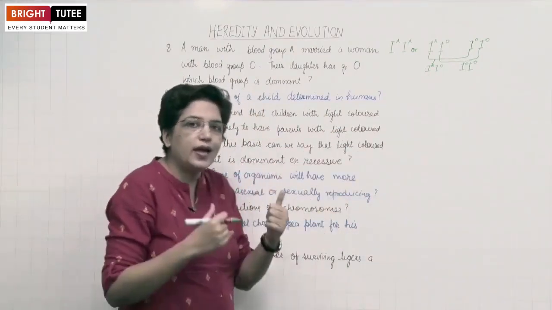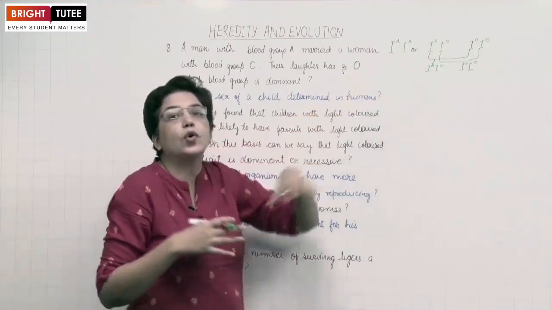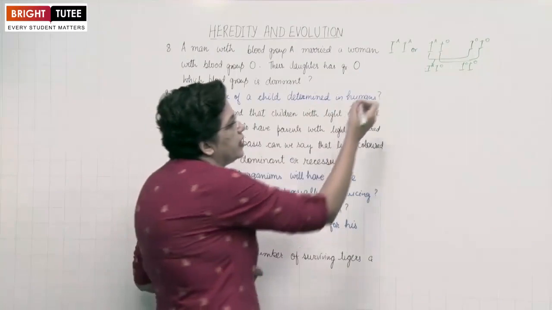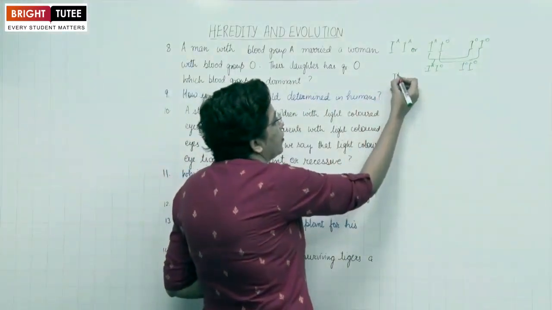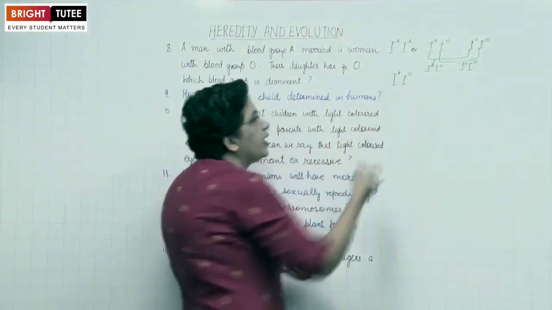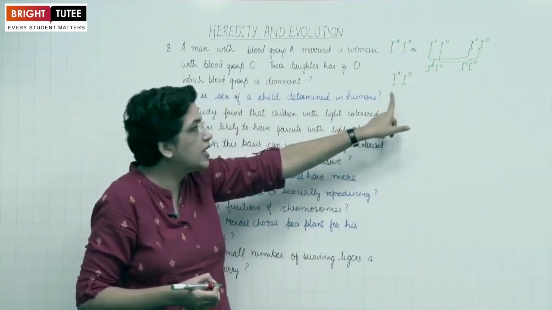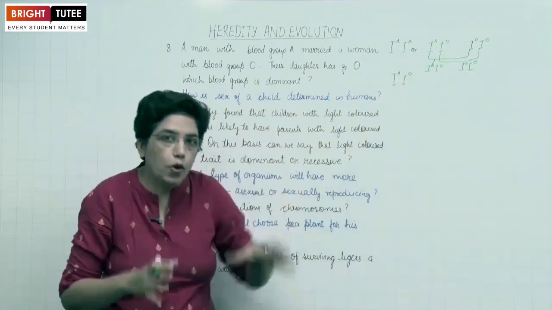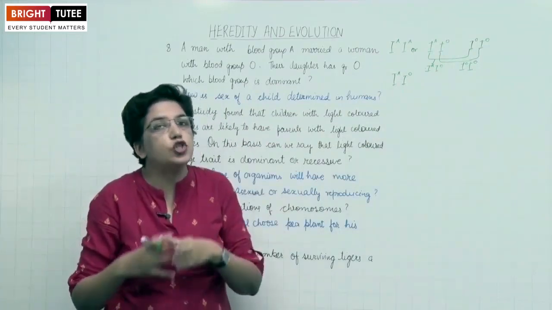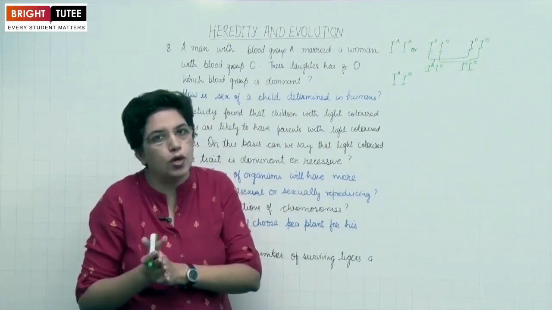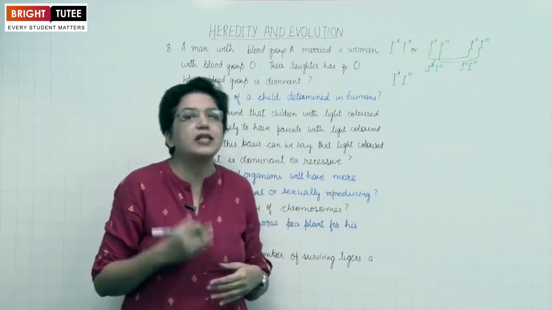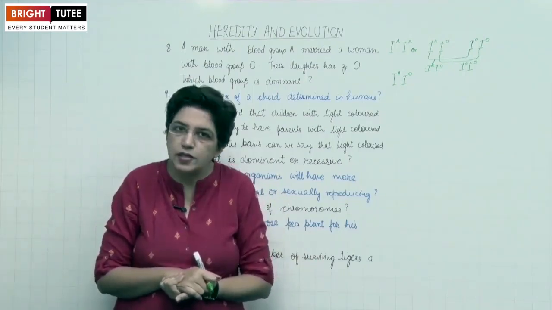On the other hand, if we consider that O is dominant, then the father can have this kind of combination. He can have a recessive A. So in both the cases, it is a possibility that the child will have the blood group O. So this information is not enough to decide which trait is dominant and which one is recessive.